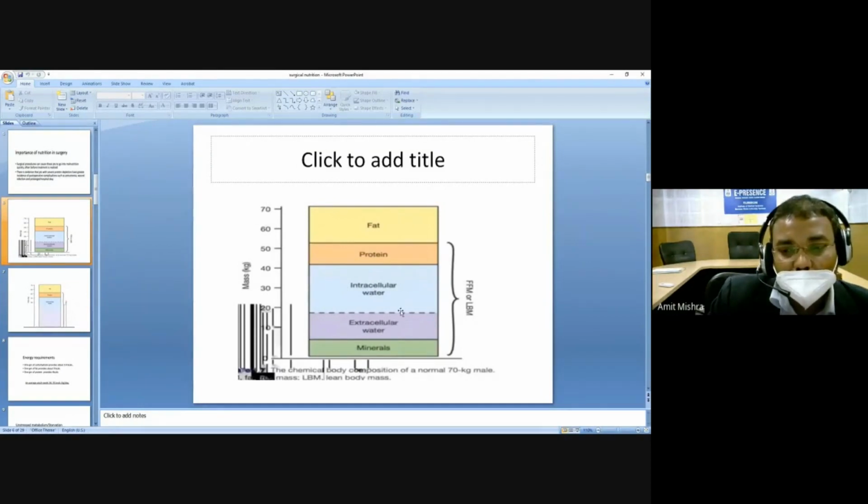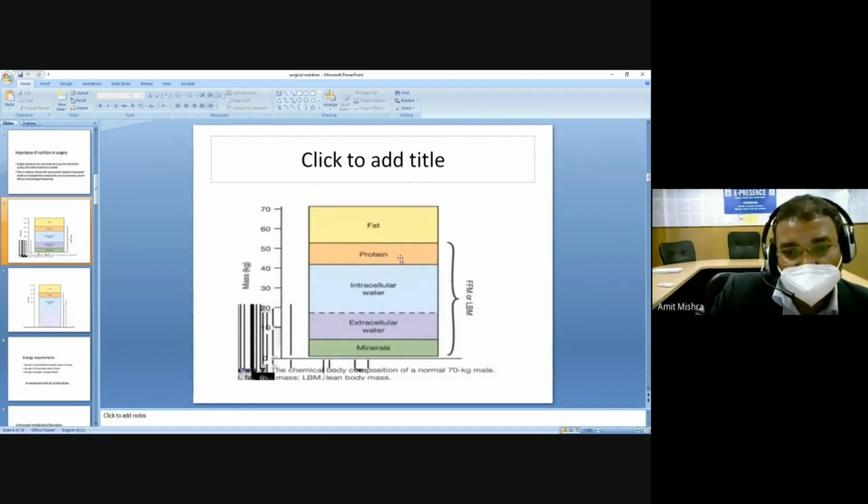It's called the lean body mass because this is the part which does not include fat. This is very important for the nutritional assessment of the patient, to know how much lean body mass is there. The lean body mass has to be built properly to prevent post-operative complications in patients undergoing major surgeries or surgical interventions.